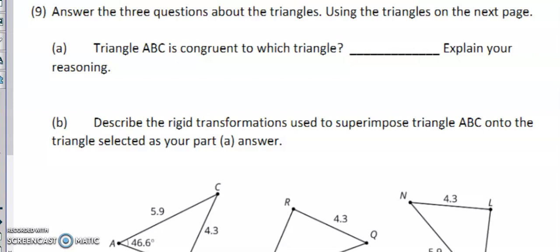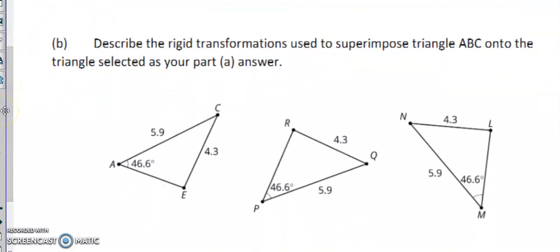In problem number 9, the 3 triangles at the bottom, on the last page, are all showing side angle. And one of the reasons why side angle doesn't get used as a congruence pattern is because it's possible to have two different triangles with the same information.